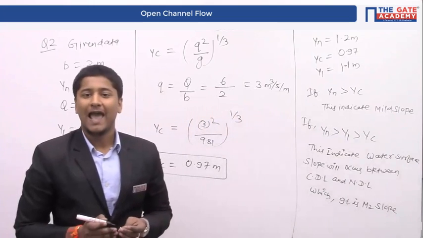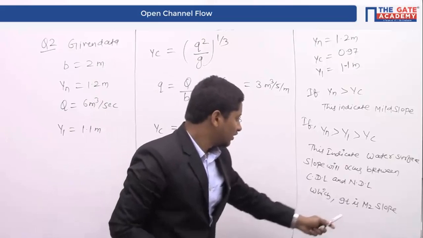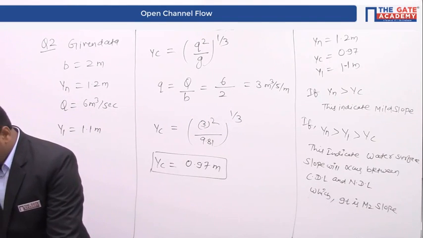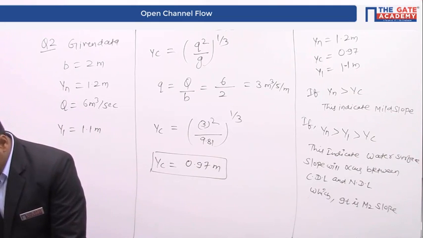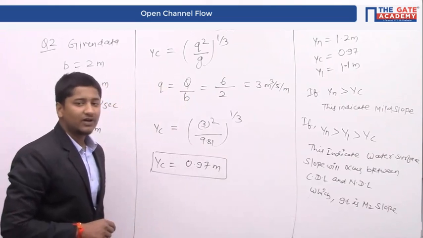This will show M2 slope or M2 water surface profile. So this is M2. So if you look at the options, the correct option will be B. I hope you understand this part.